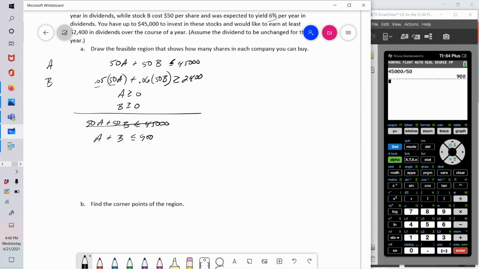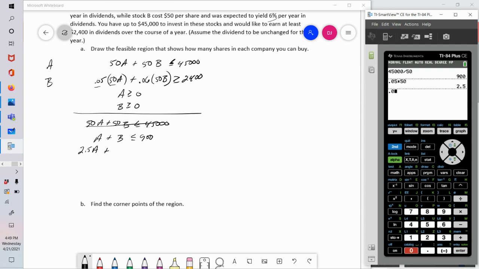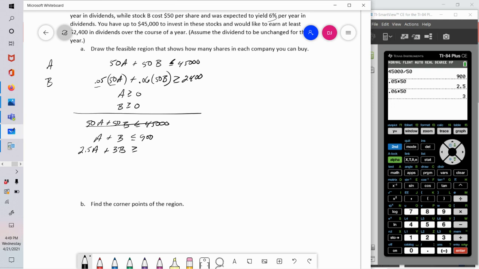The other thing is 0.05 times 50. So that's 2.5A plus 0.06 times 50, that would be 3B, is greater than or equal to 2,400. And again, A is greater than or equal to 0, and B is greater than or equal to 0.